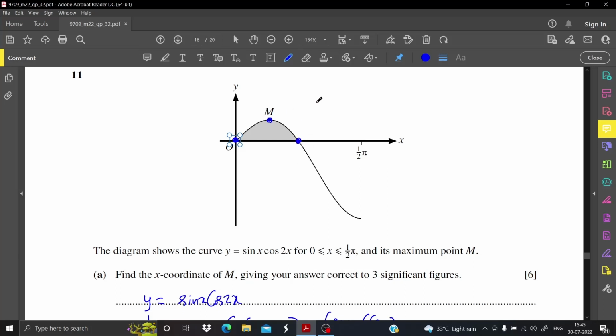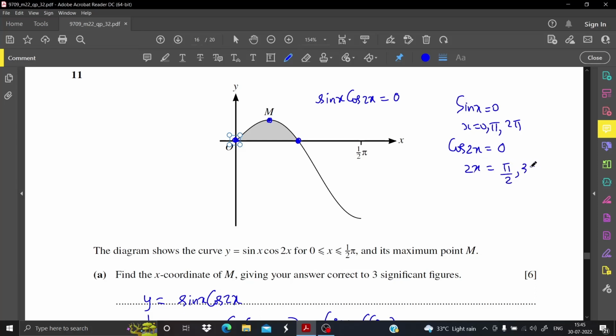The concept is, the function sin x cos 2x is 0. We know that sin is 0 at multiples of pi: 0, pi, 2 pi. So anyway, this is not going to help us, but cos 2x is going to be 0, and the possibilities of cos being 0 is odd multiples of pi by 2.